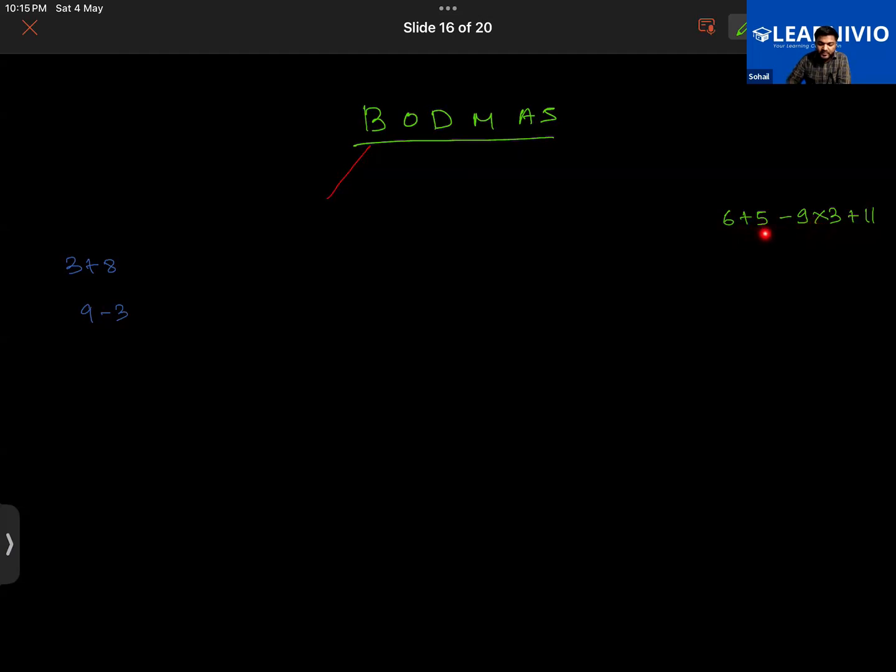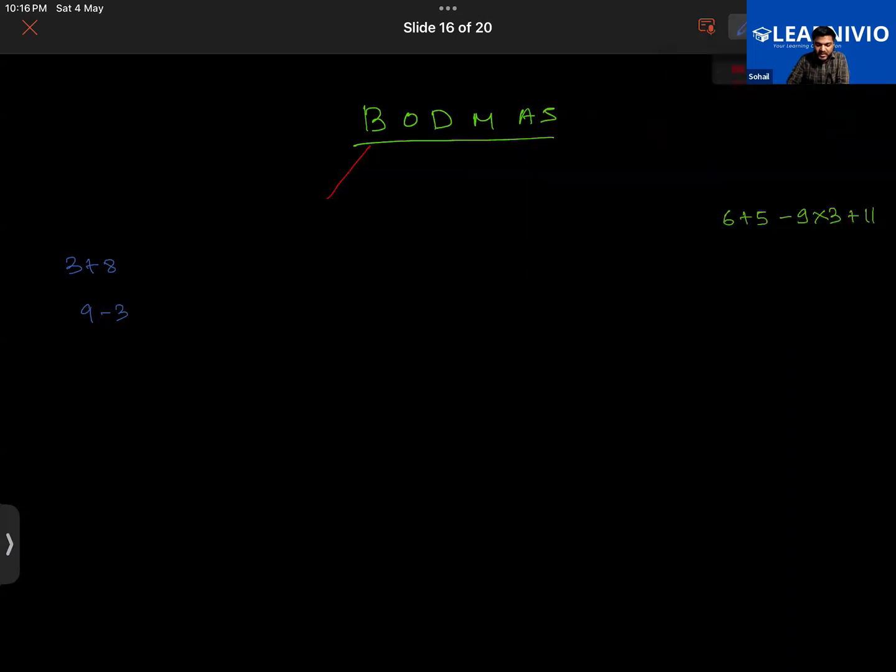You might get confused whether I should first add 6 and 5, or 3 and 11, or whether I should be multiplying 9 and 3. Getting confused in this or not? First we have to add the 6 and the 5, and then with that answer we have to minus 9 and then multiply by 3, then add 11.